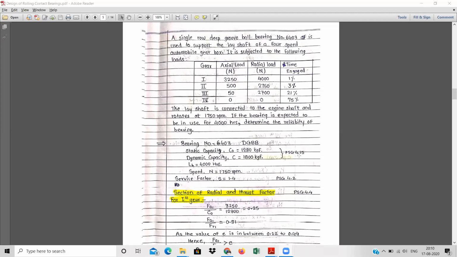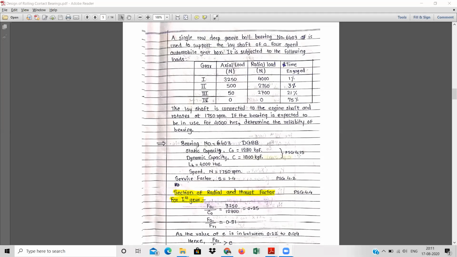If it is okay with the 90%, then the bearing is fine. If the reliability increases, then it is very good from the system point of view.